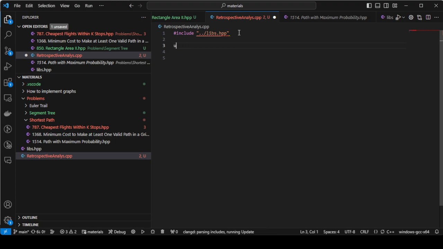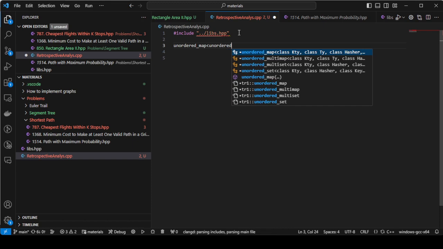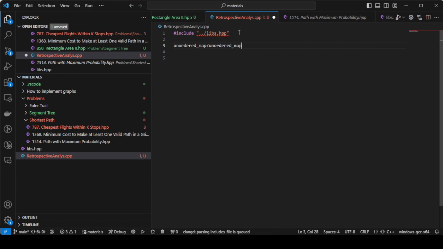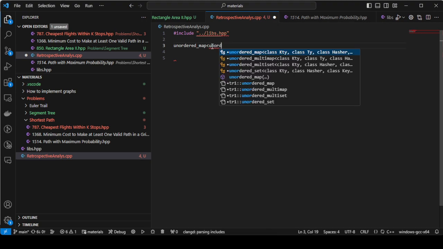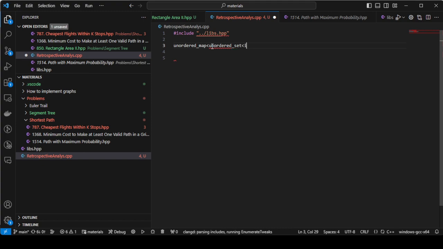Let our graph be represented like this. We need an unordered map where we contain. I think an unordered set will be better. Unordered set of int.